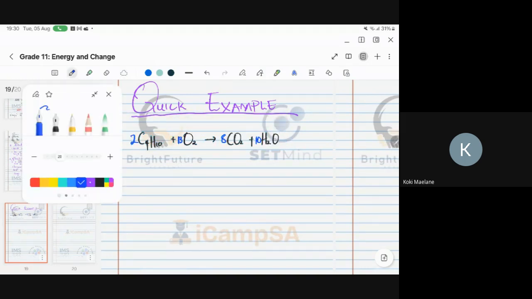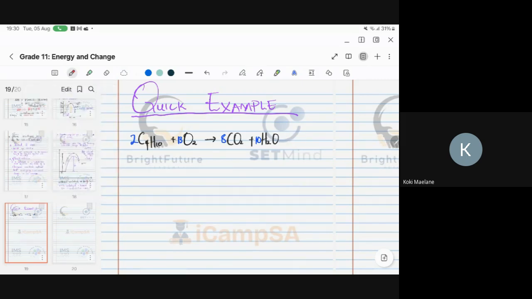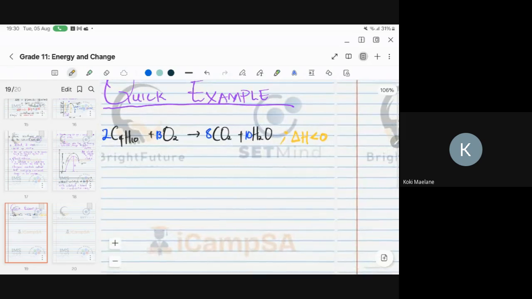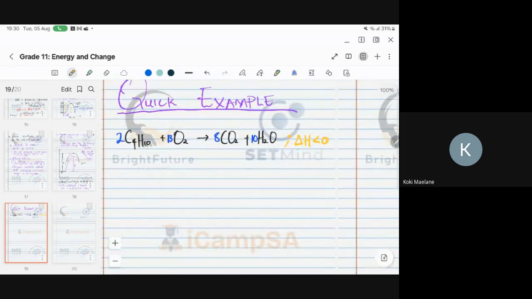To show you that we are talking about this section of chemistry, they would write something like this: delta H is, for this one, probably less than 0 because it's a combustion. We're adding heat to get the product, so the system must absorb heat. Is it?